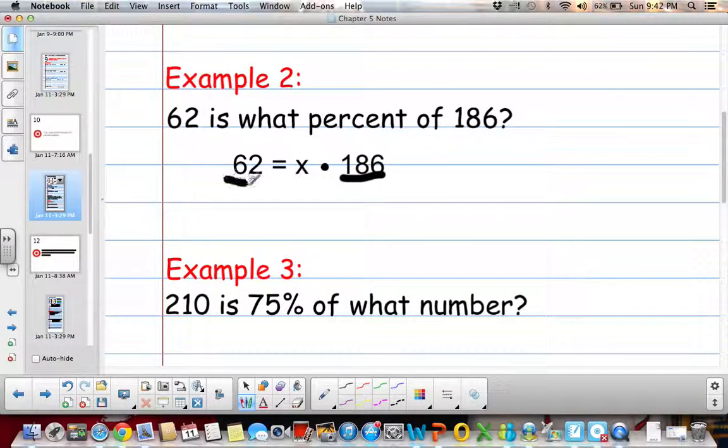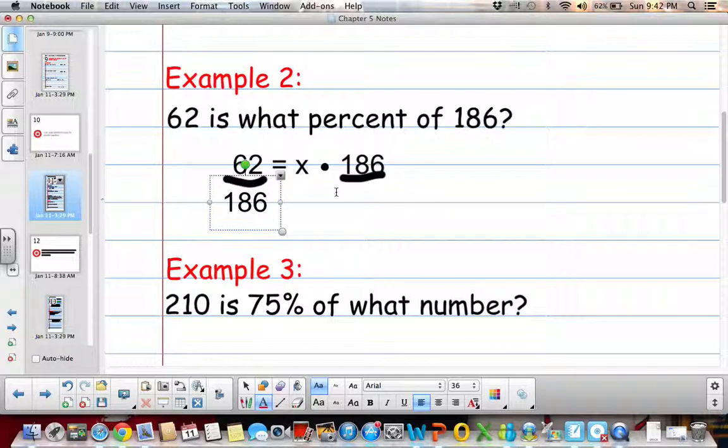On both sides, I'm just going to put in a 186 here. Divide by 186, so that cancels out that side. Then we're left with x equals 62 over 186. I'm just going to put that into my calculator. 62 divided by 186 equals 0.3333.